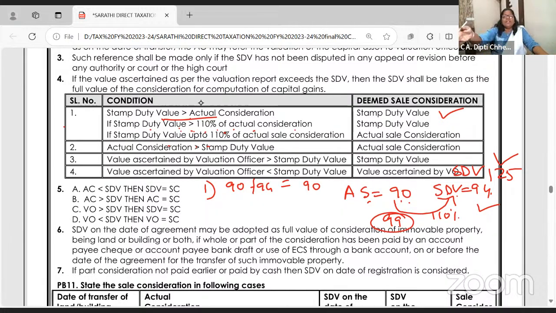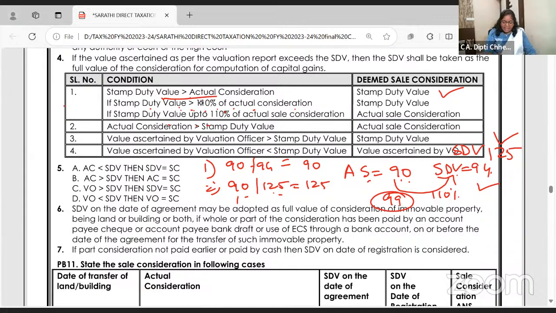Ma'am, stamp duty value is higher than actual sale consideration, but not more than 10%. Second case, this is 90, this is 125. Actual sale consideration is 90. Stamp duty value is higher. Take stamp duty value as actual sale consideration under section 50C, even for TDS.